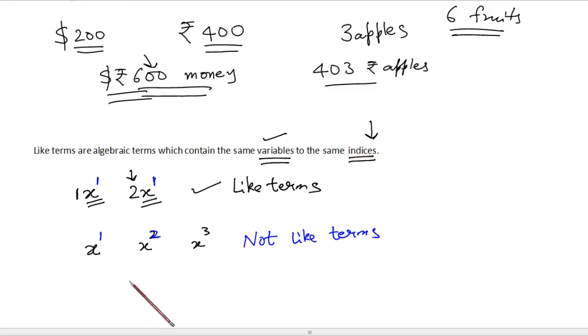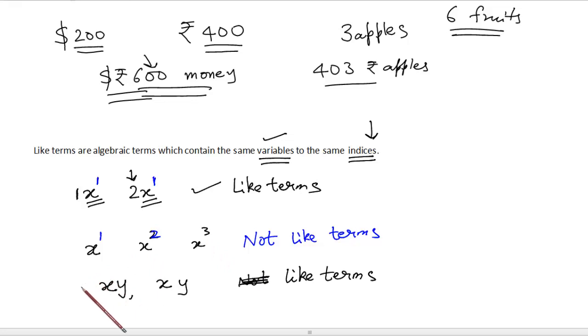Let us consider one more. y and xy, are they like terms? Of course, both these terms have y in it, but since there is no x over here, they are not like terms. Remember, like terms should be exactly identical. So the minute I write x over here, they are now like terms.